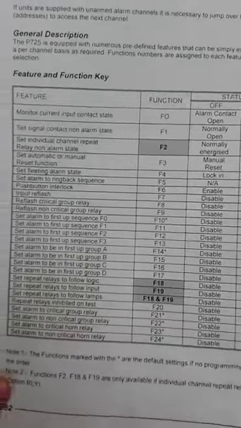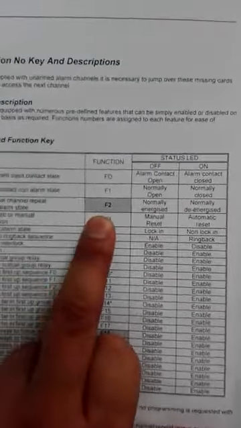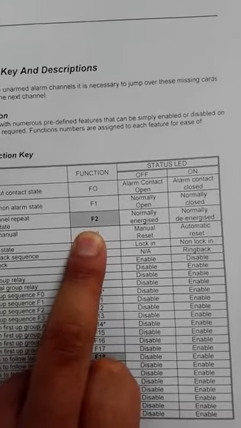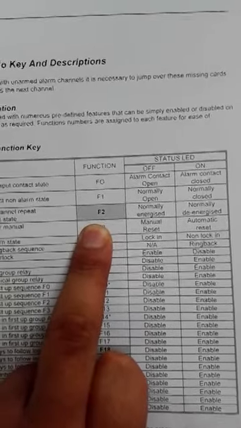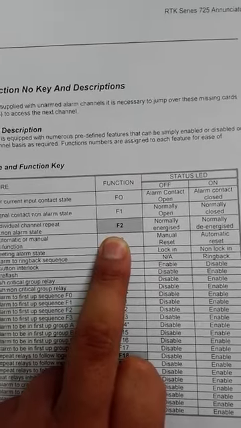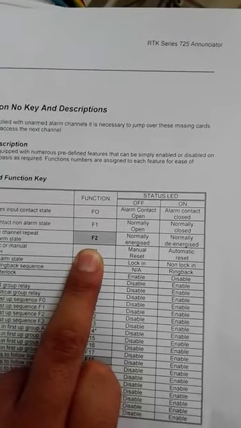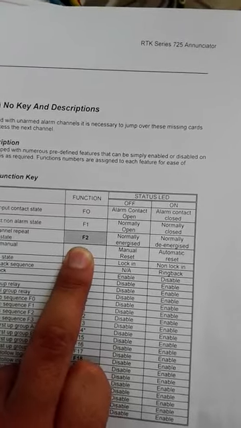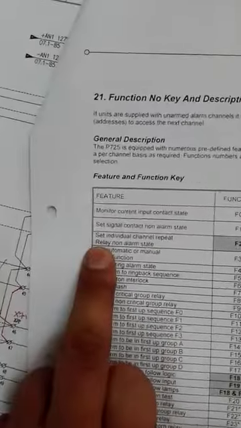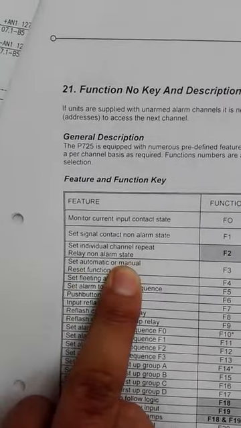First I will explain here what we need. When we select function F2, later I will show you how to select a function and how to change the status, but first I will explain F2. When we enable function F2, what does it mean? Set individual channel repeat relay non-alarm state.